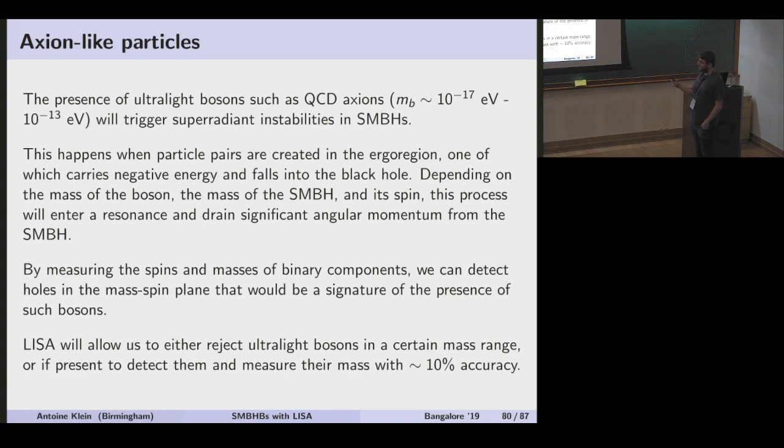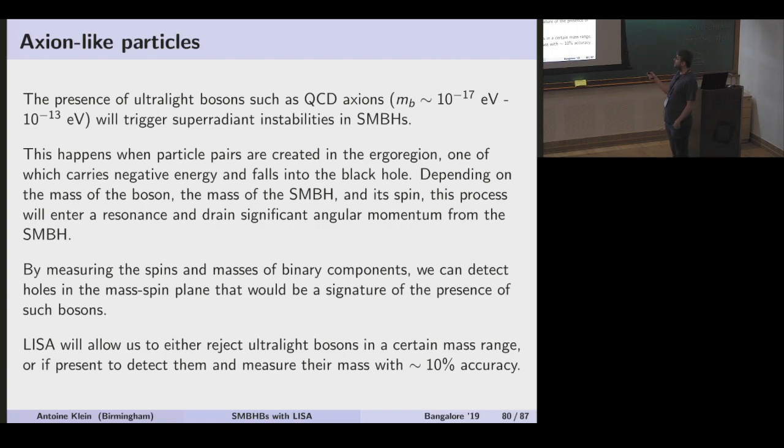So if we make supermassive black hole measurements with LISA, we can measure the spins. That means that if we measure lots of high spins, this superradiant instability obviously doesn't occur. So we can reject the existence of bosons in this mass range just because we observe high spins.